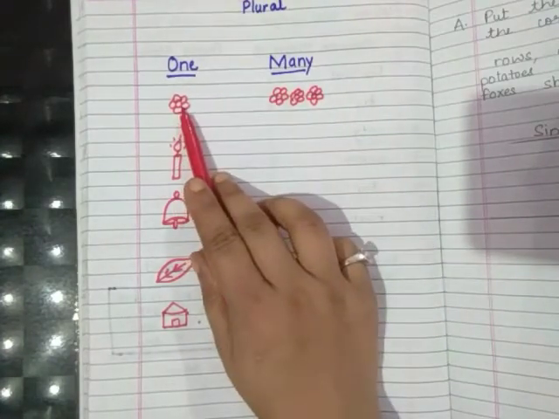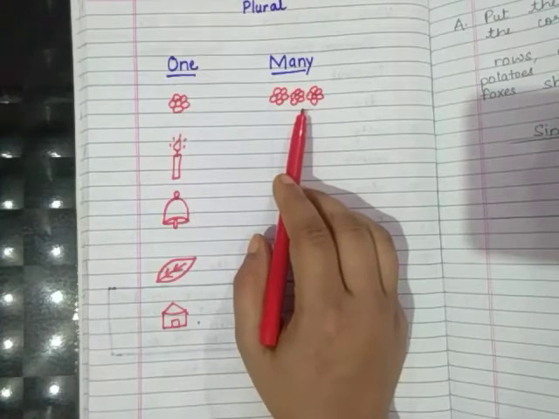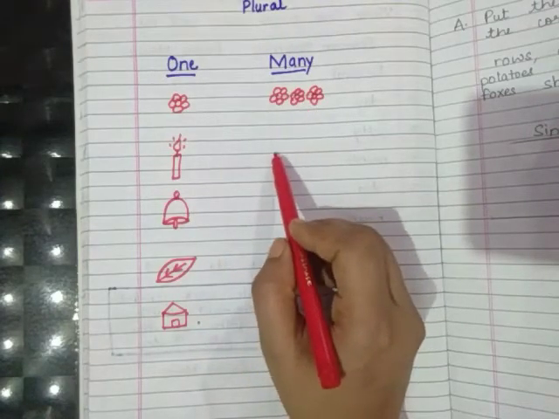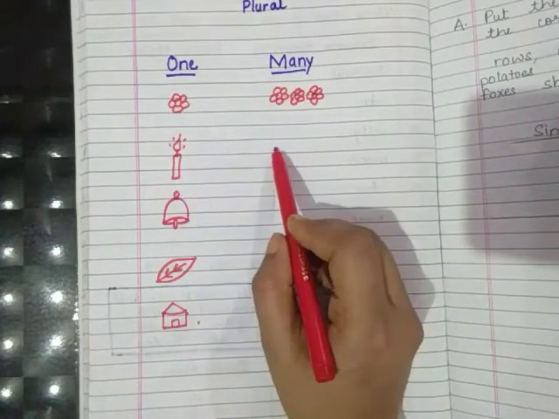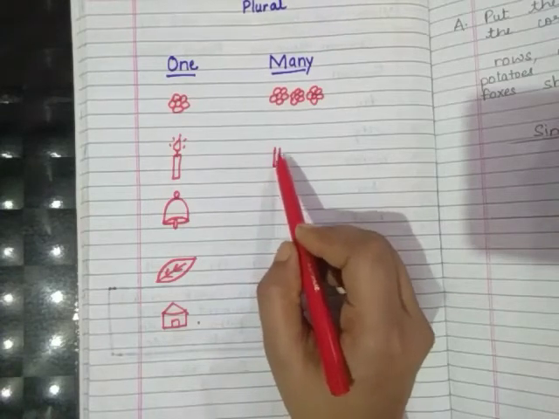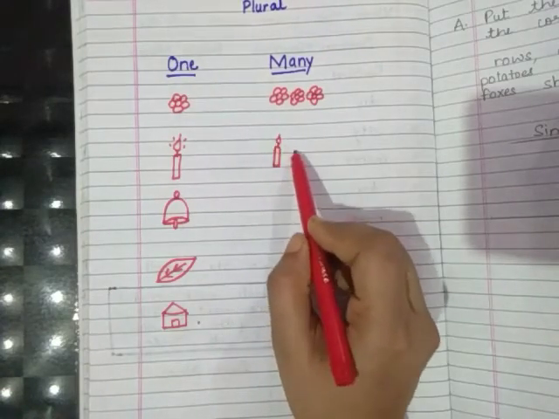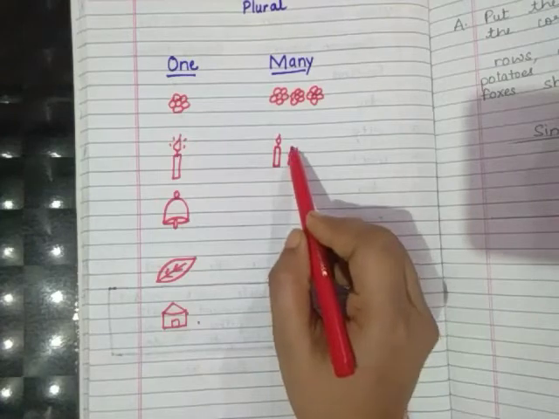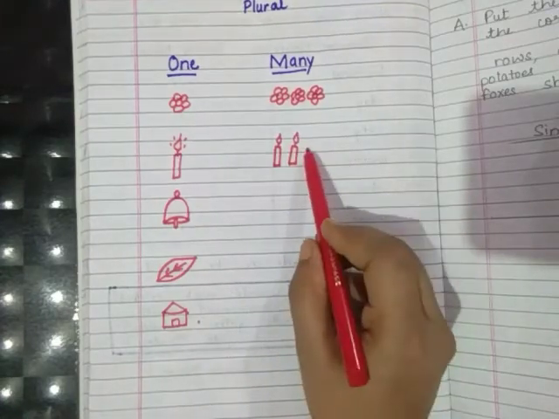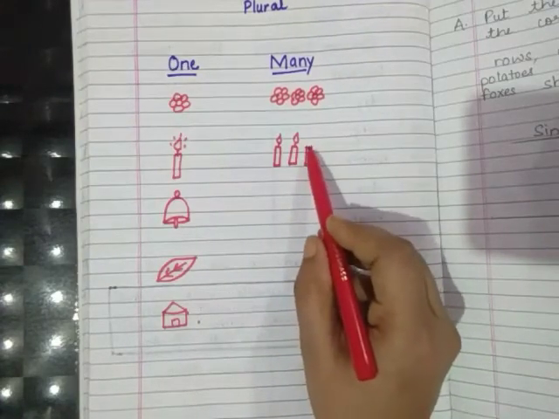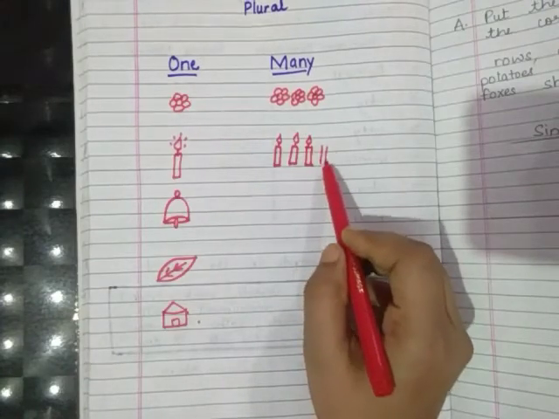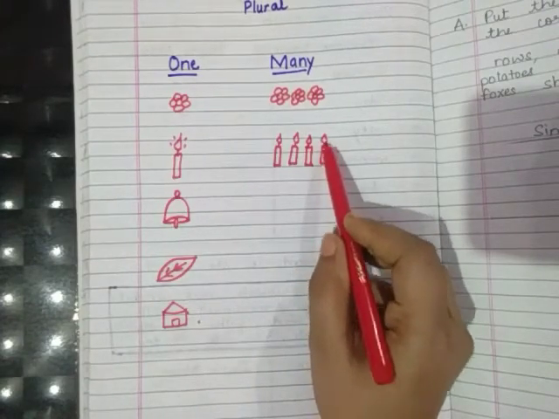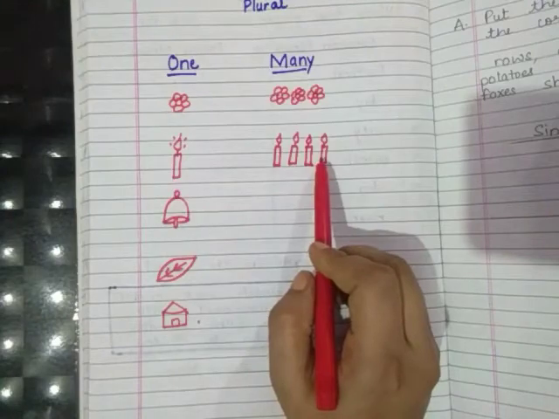So this is one flower and this is more than one flower. This is one candle. Now I am going to draw more than one candle. So it is more than one. This is one and this is more than one.